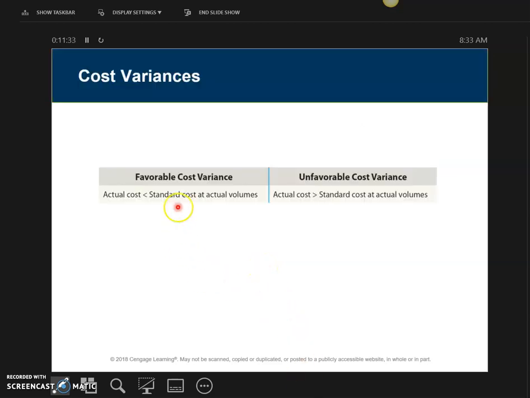So here's favorable, here's unfavorable. And for purposes of homework, you're going to have just the letter F or just the letter U to signify what your answer is going to be. And keep in mind that these always have to be noted, that your answer has to say whether it is favorable or unfavorable. But as we go along, I'm going to show you how to know automatically which one it's going to be.